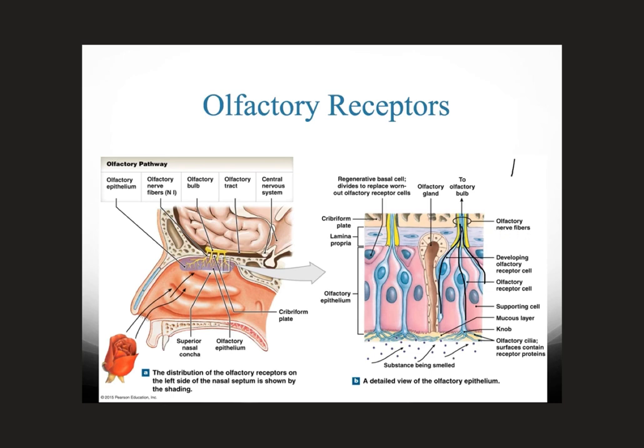And your nerve fibers, if we transfer it to the figure on the left, you can see right over here you're going to have your nerve fibers, and they are going to come together to form what we call the olfactory bulb. From the olfactory bulb, it leaves your nose through what we call the olfactory tract, and from here it goes into your central nervous system.